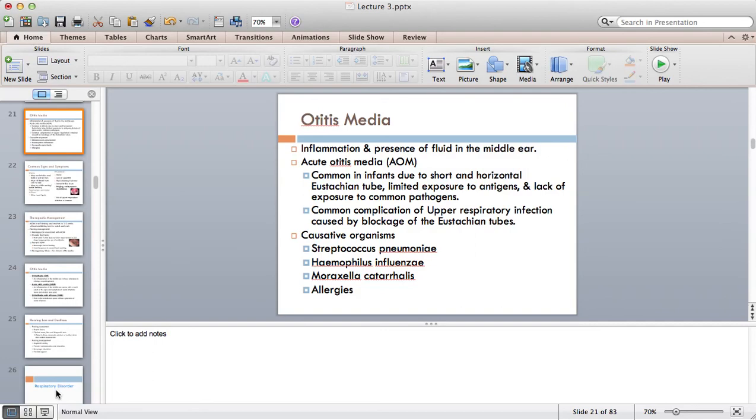It can be infection, plain no infection, it can be flu when you define it in general terms. However, as we go forward, we have to note which one is otitis media, acute, chronic, and also otitis media with effusion. This is very common in children because their eustachian tube is short and horizontal.